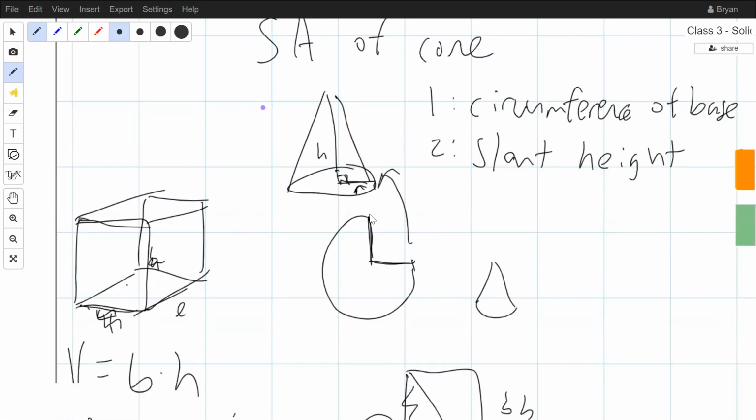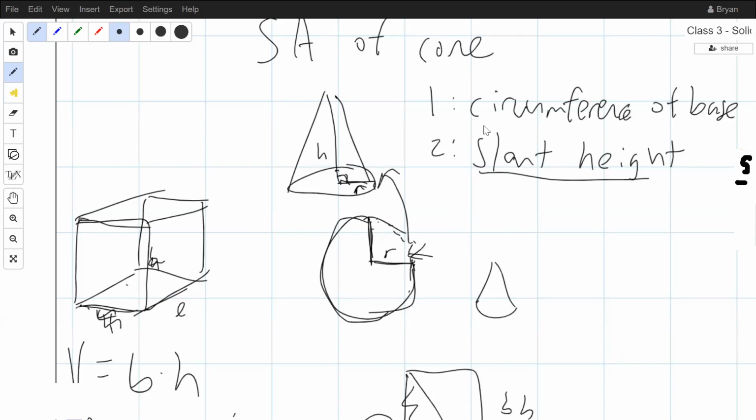the base is just going to have a circumference of whatever this length is. This can be the circumference of the base, and the radius is going to be the slant height. So basically, the slant height is the radius of this sector, and then you use the circumference. Since you know the radius, you'll know the circumference of this entire circle.